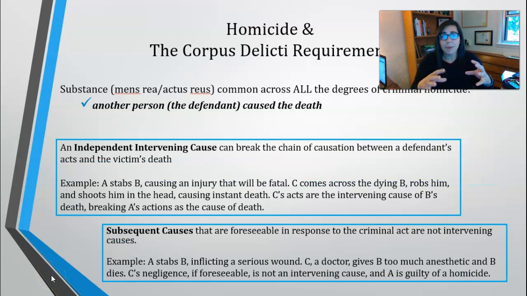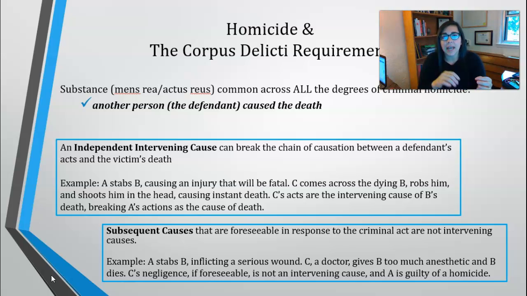And as we think about proximate cause and cause in fact, we have to also think about all those things that could potentially happen in that timeline. So the intervening causes, the subsequent causes, and how meaningful those interventions and things that happened after the fact are in the ultimate determination of whether or not this person actually caused the death. So let's think about a couple of examples.